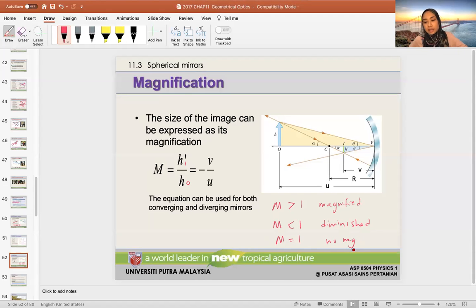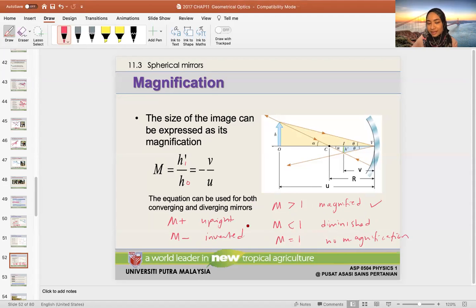I mean, it's exactly the size of the object. I don't know when this happens, but if, let's say, the answer is 1, there's no magnification because it's just the same height. So greater than 1, magnified, less than 1, diminished, and if m is positive, it is upright, and when m is negative, it is inverted.